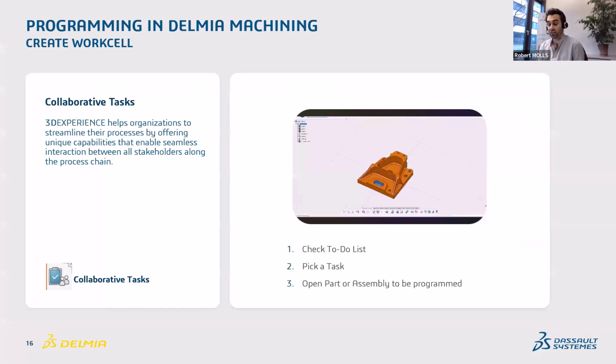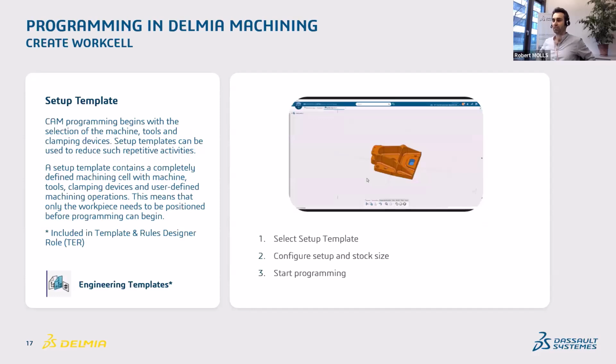And this way everybody knows who's doing what. They know on which data they should work. And this is just one of the ways the 3D Experience platform is helping to improve collaboration, or make collaboration easier. So once we know what we've got to do, we can start doing it.